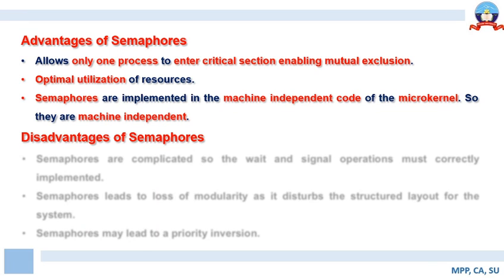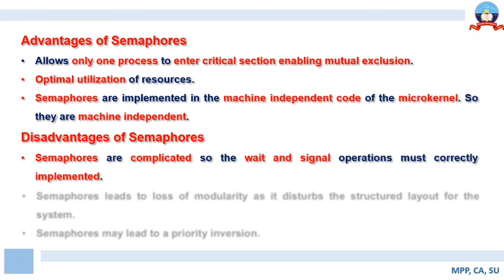Now let us go through some of the disadvantages of semaphores. As we have learned, there are 2 functions, wait and signal, that act on the value of the semaphore. It is very important to ensure that the proper sequence is maintained in the execution of wait and signal, which implies that wait has to be executed first, followed by execution of the critical section, then followed by execution of signal.